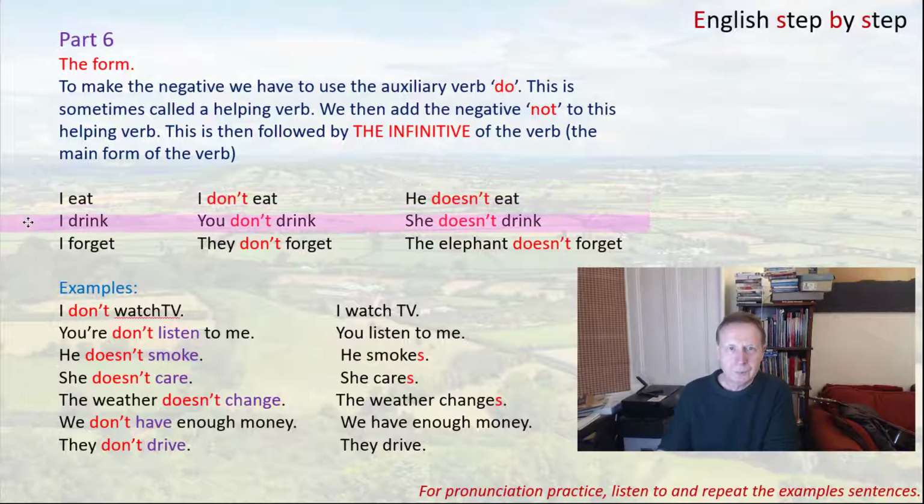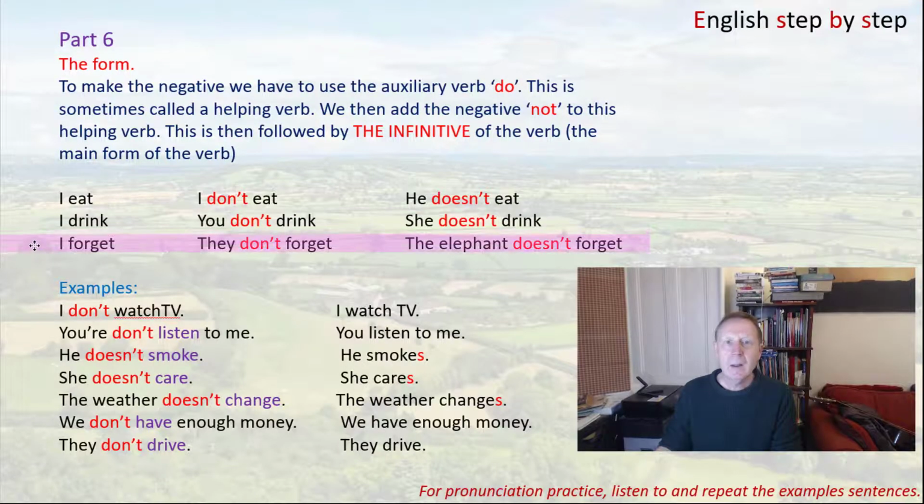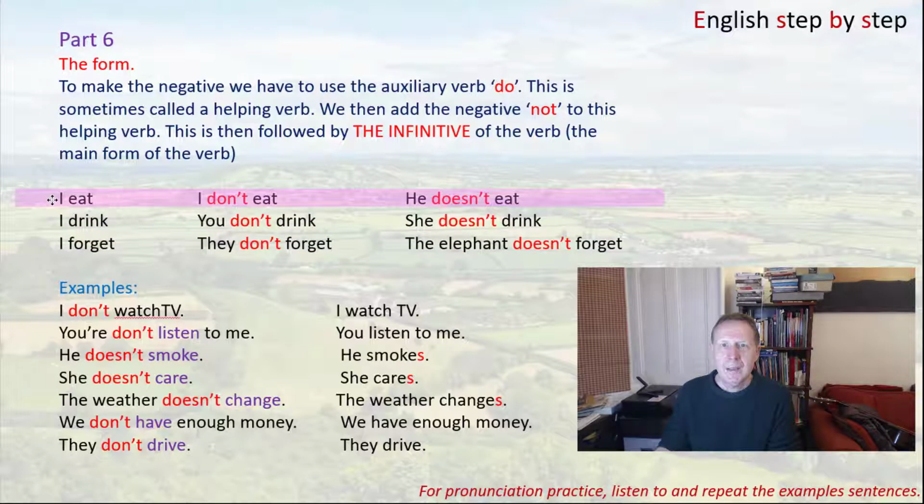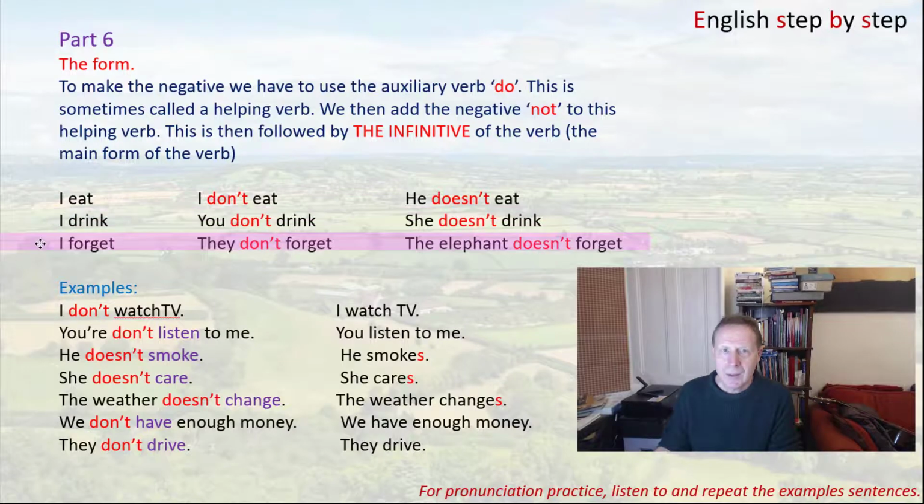And then I drink, you don't drink, she doesn't drink. And then I forget, they don't forget, the elephant doesn't forget. So the changes with the third person singular again, he doesn't, she doesn't, the elephant doesn't.